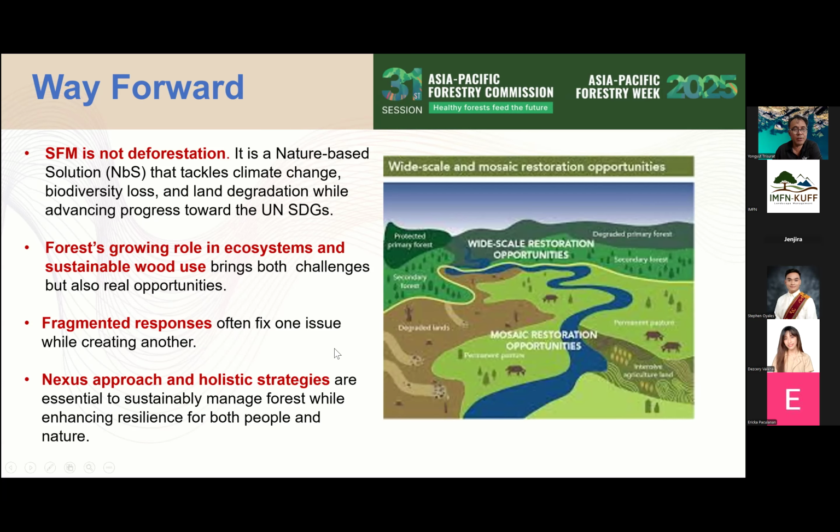So the nexus approach and holistic strategy are very important, essential to sustain the management of the forest and to enhance the resilience, not only of the people, but also of the nature, to several direct and indirect drivers.